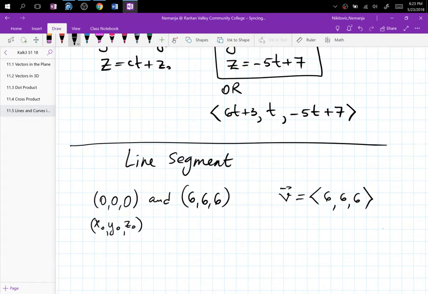So 0, 0, 0 to 1, 1, 1 and 0, 0, 0 to 5, 5, 5. So now I have my a, b, c, I have my x0, y0, z0, so I can quickly come up with 6t, 6t, and 6t as my parametrization.